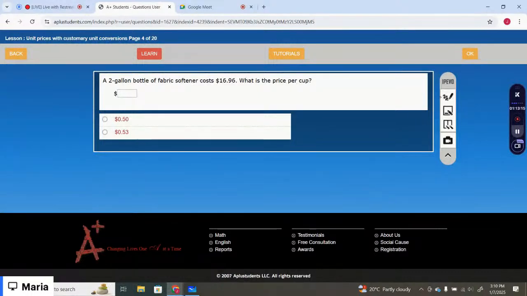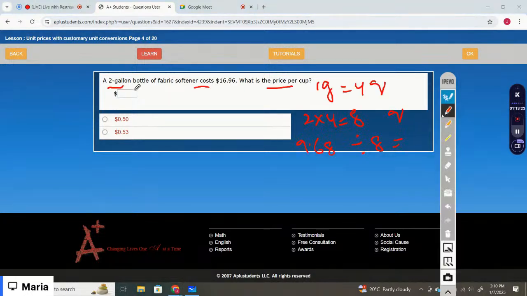A 2 gallon bottle of fabric softener costs $16.96. What is the price per cup? You have to again calculate the price. You have to convert gallons to cups, right? So 1 gallon equals how many cups? 1 gallon equals 16 cups, right?